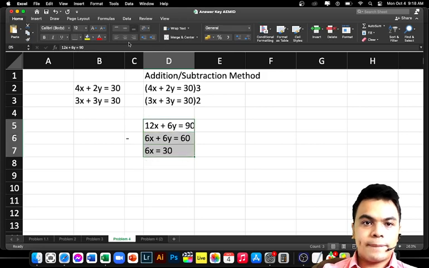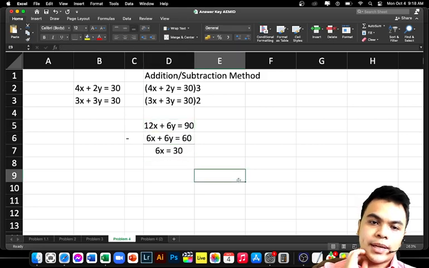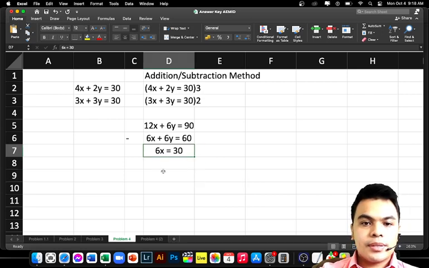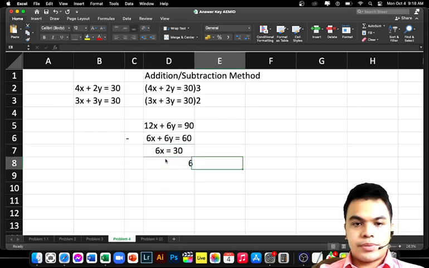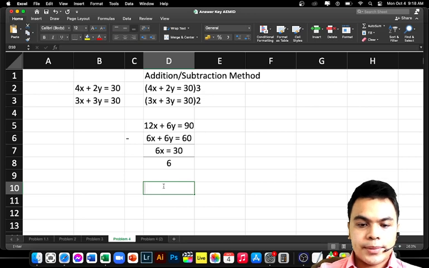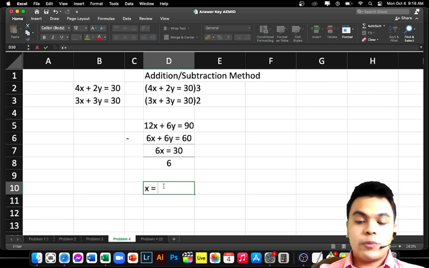Ayan. Okay, so malapit na tayo malaman nyo yung value for x. So next step natin, we divide this by 6. Ayan. So our x is equal to 5.